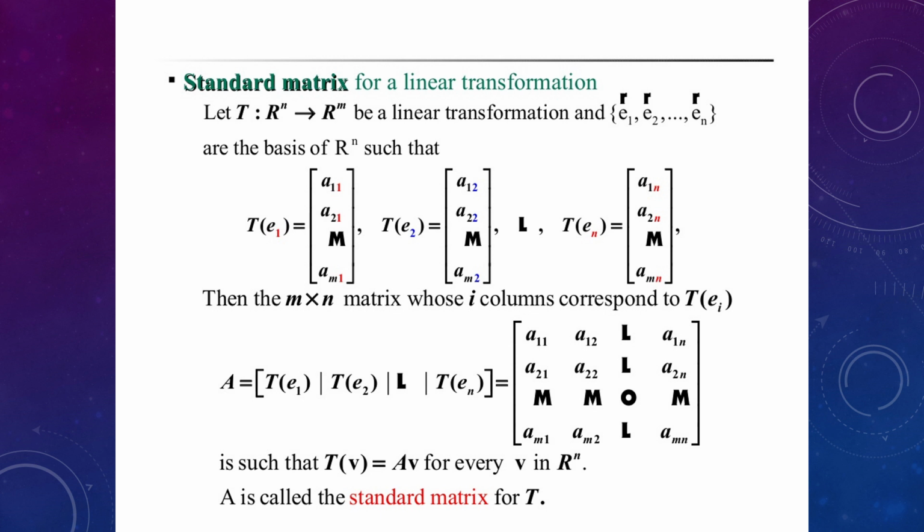Then the m by n matrix A whose columns correspond to T(ei), A equals [T(e1) T(e2) and so on T(en)], is such that T(v) equals Av for every v in Rn, and is called the standard matrix for T.